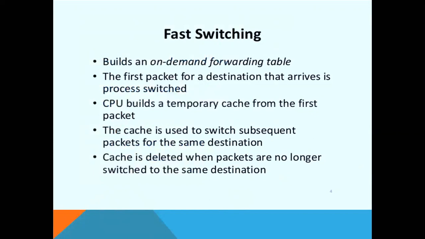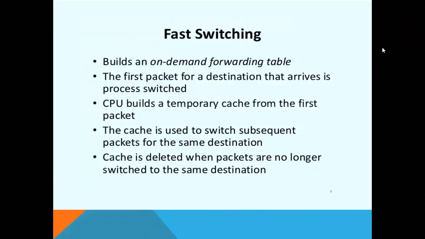So if a packet is received for the same destination, it does not need to do the lookup again. It will simply use the fast switching cache and forward the packet on the exit interface. This is how it reduces some of the CPU utilization and time. But if the entry is not present in the cache, then it will do the normal layer 3 lookup like process switching. Now, these two methods are no longer used.